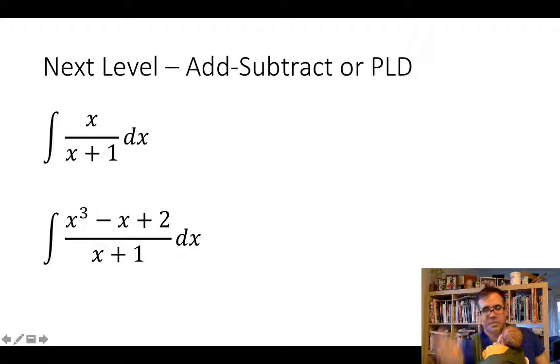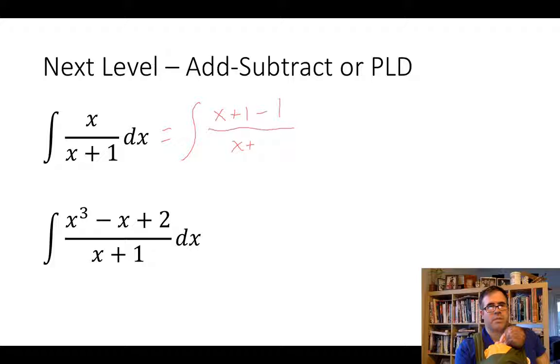Well, here's another technique. You can use the fact that you can always add or subtract the same number, or you can use polynomial long division. So for simple things, you can just add and subtract. This becomes the integral of x plus 1 minus 1 over x plus 1.